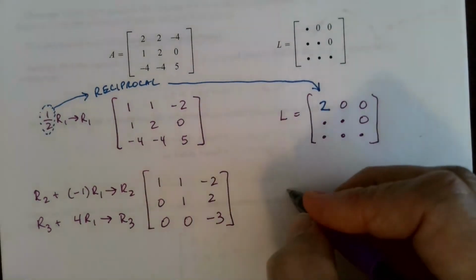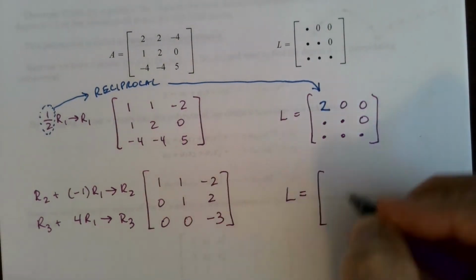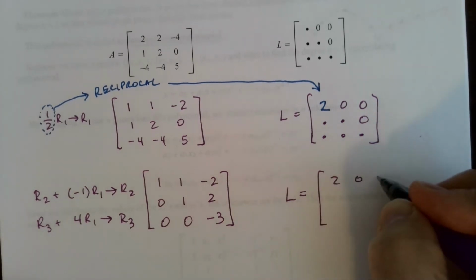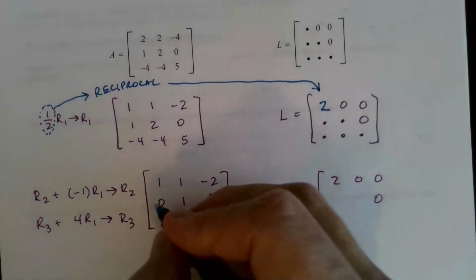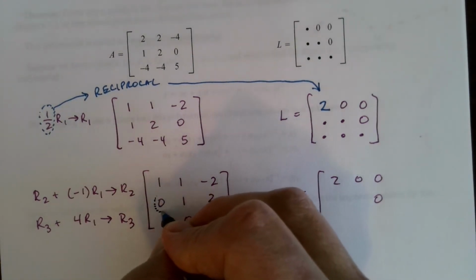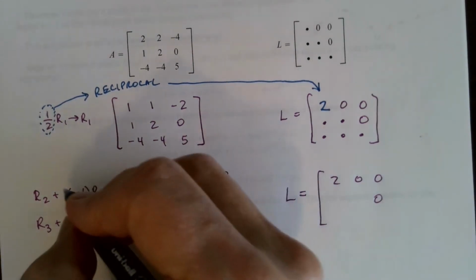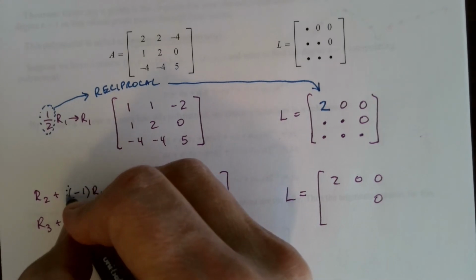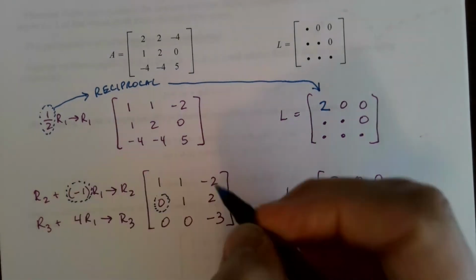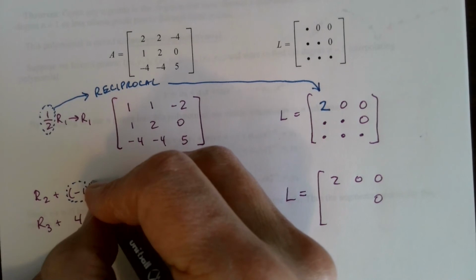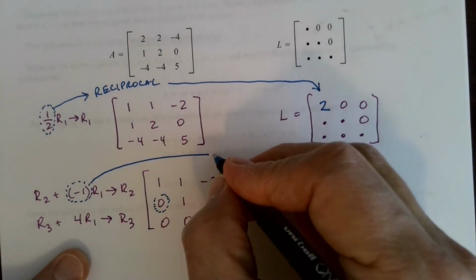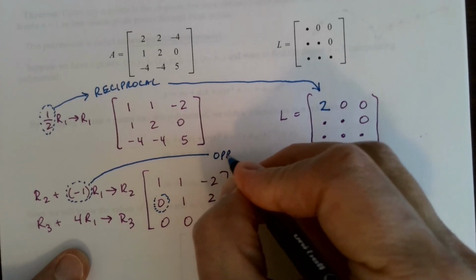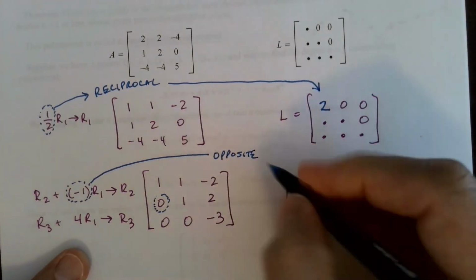And now I do have 2 new entries in my lower triangular matrix. This entry was found by this multiplier of our pivot row, row 1, which was -1. And here, remember, for the corresponding entry below the main diagonal, we don't want the reciprocal, but the opposite. Remember, that was that bookkeeping approach.